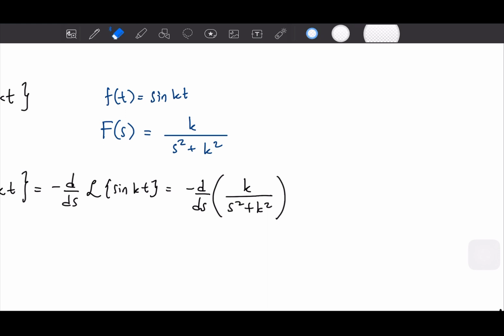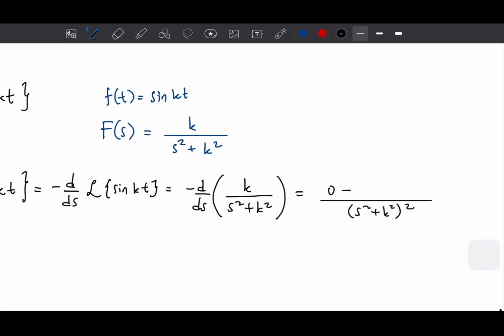We are going to take the quotient rule. So take the s squared plus k squared, squared. And then 0. This is supposed to be minus, but because we are multiplying with minus, we are having the plus.